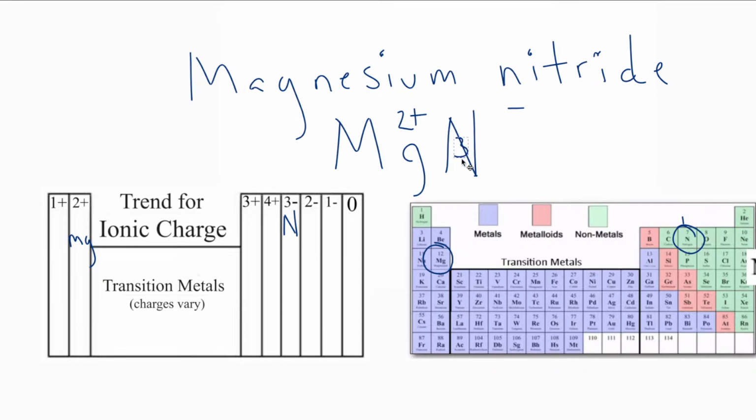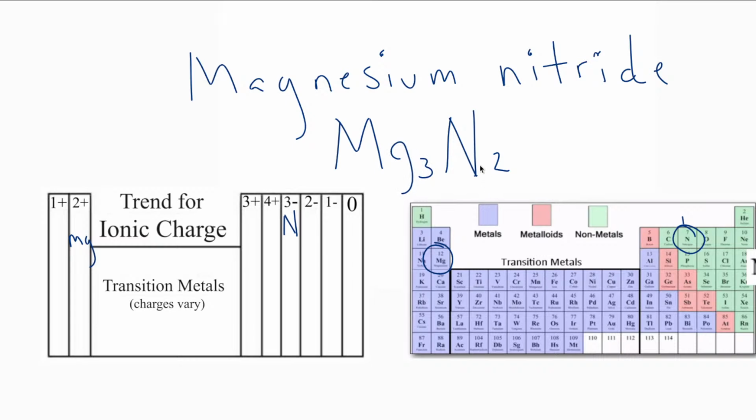Crisscross them. Yeah, Kubar got it. Mg3N2. A little bit messy, but there we go. That's magnesium nitride.